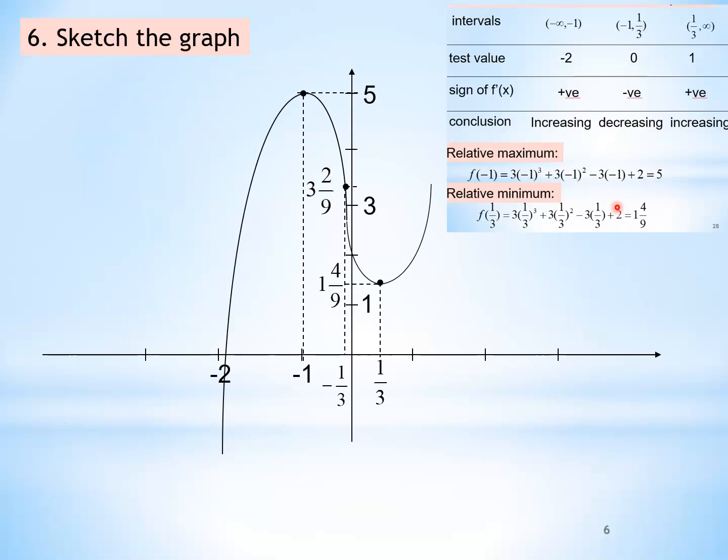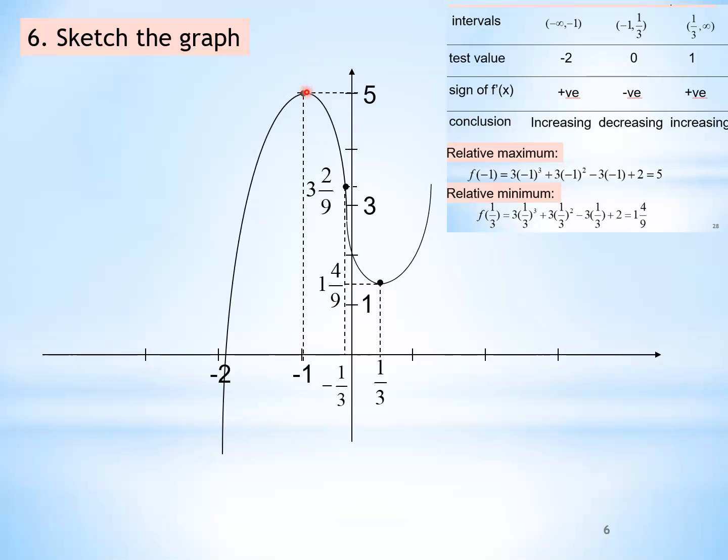Now sketch your graph. Basically, you can guess how your graph looks like from this table, the previous table. So since this is increasing from negative infinity until negative 1, it's increasing. So this is the part from negative infinity until negative 1 here.